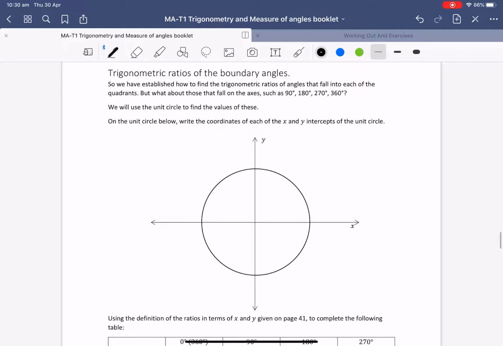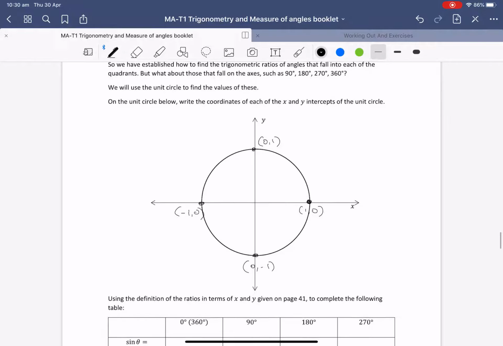Back to these ones, we need to know the boundary angles. To do that, it says use the unit circle. So this is the point 1, 0. And this is the point 0, 1. And this is the point negative 1, 0. And this is the point 0, negative 1.